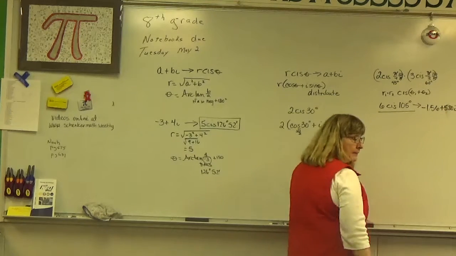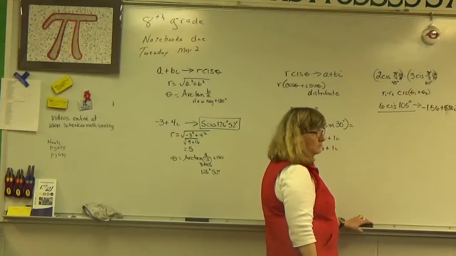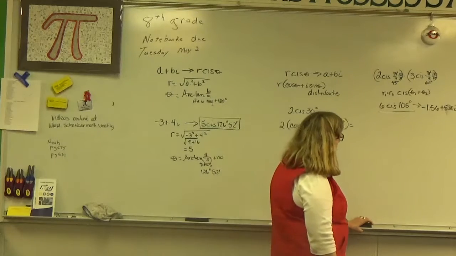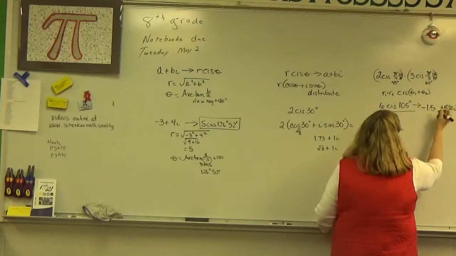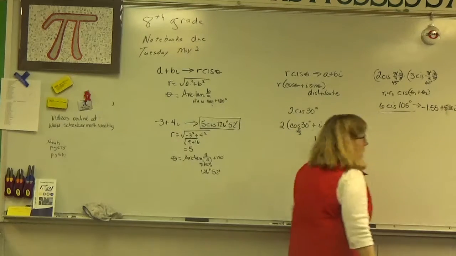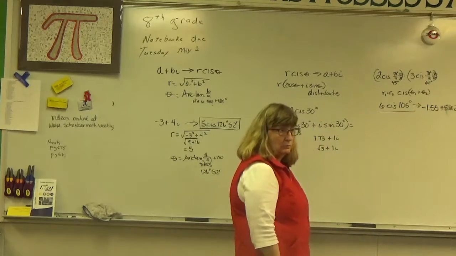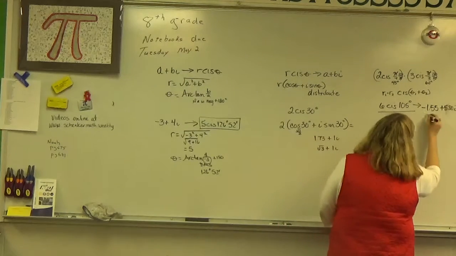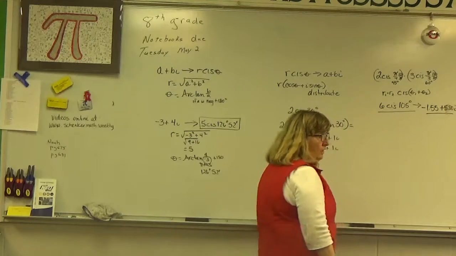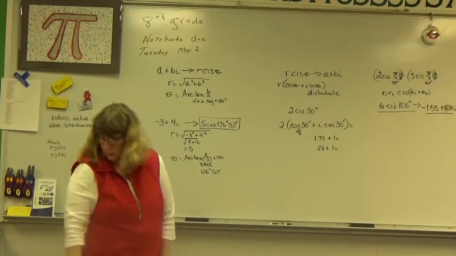Anybody else get that? Yeah. And the first one I got negative 1.55. Are we agreeable there? Yeah. So you have 2 answers. You've got the r cis theta answer, and then you have the a plus bi answer.